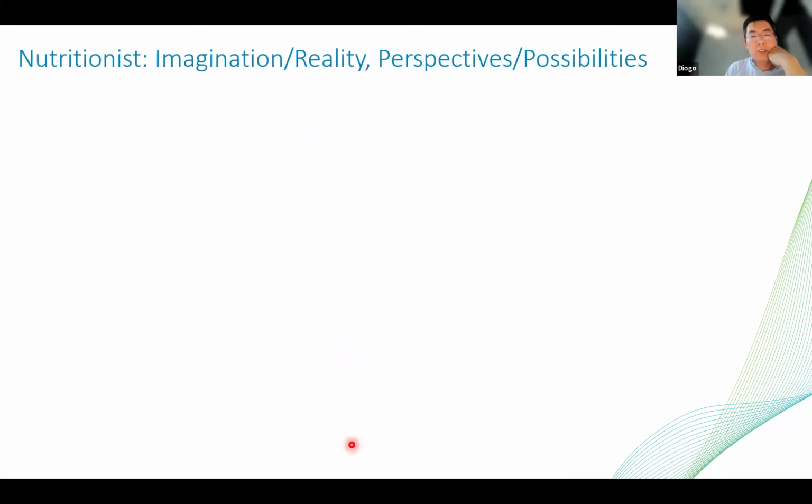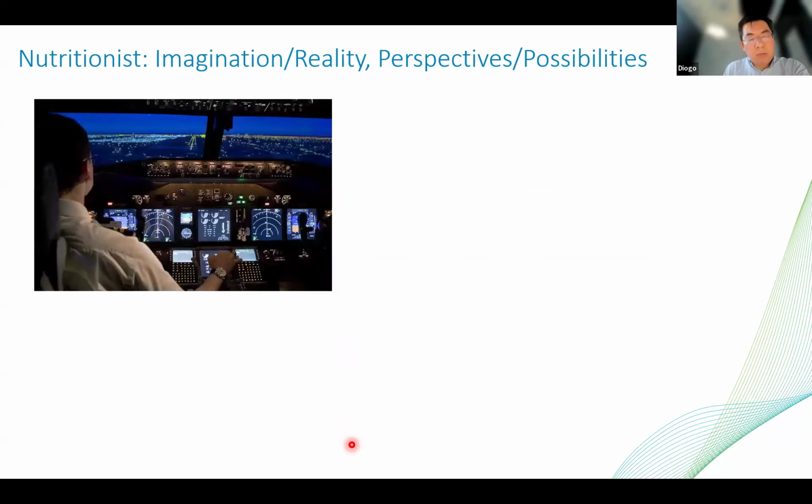So the nutritionists have to face different situations. I am already finishing my presentation. We can differentiate between imagination and reality, perspectives and possibilities. Most people believe that this is the situation that nutritionists have: all the information, everything under control, and everything is going fine.